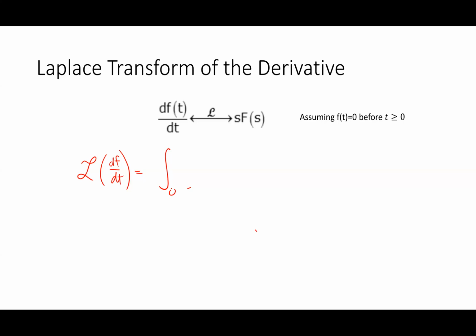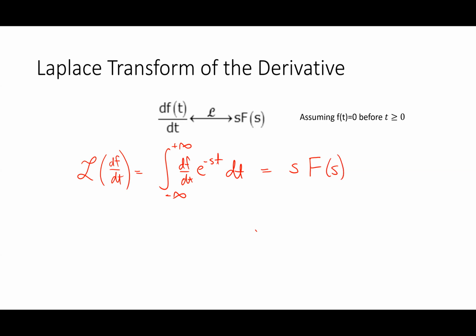I plug that into this expression, from negative infinity to infinity, df by dt times e to the negative st dt. I'm not going to go through that analysis because it's not that important to us, but if you use integration by parts, what you end up finding is that it's s times F of s.